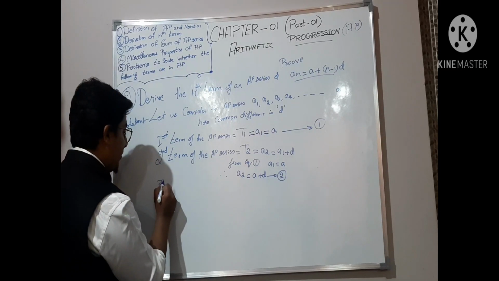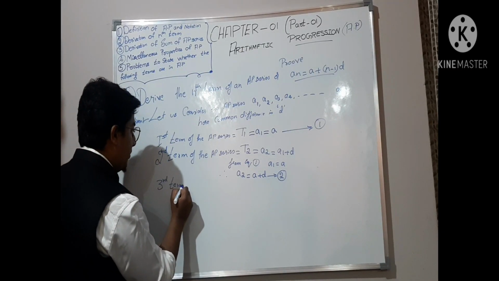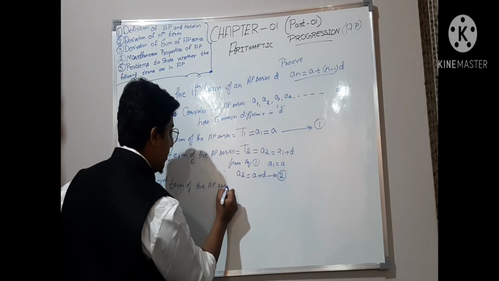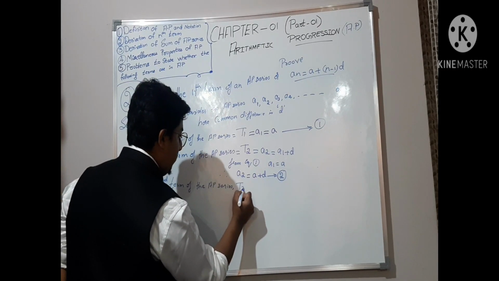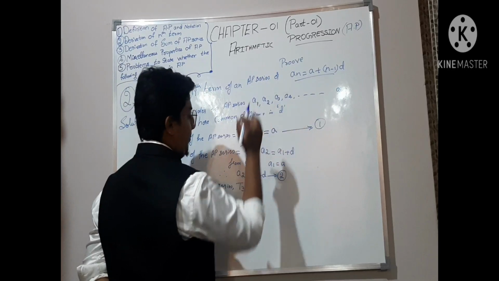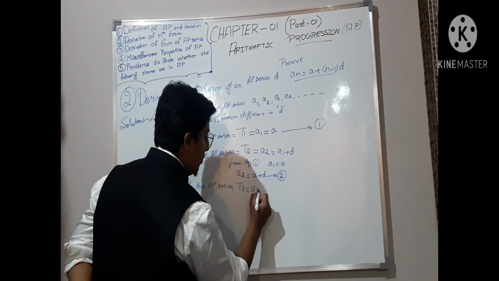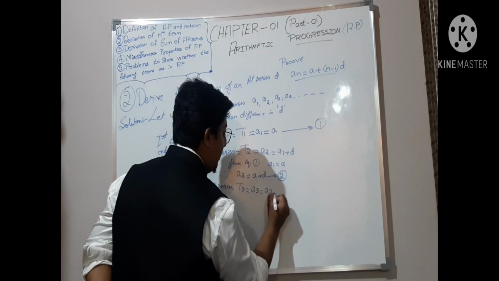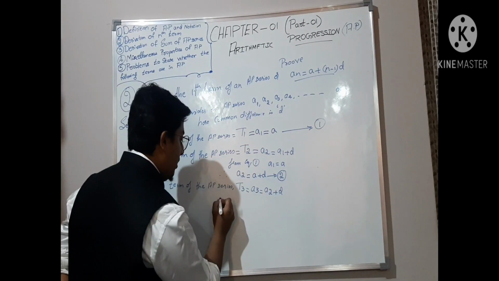Third term of the AP series. The third term A3 is equal to A2 plus D, right?